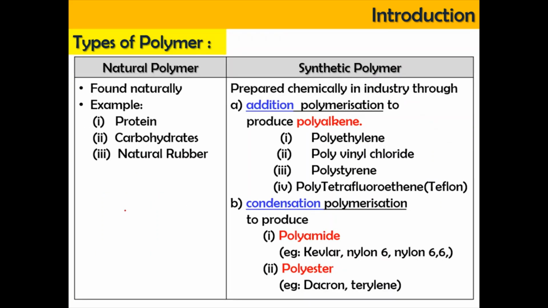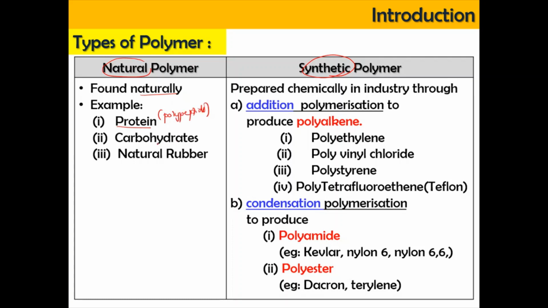Okay, now we're going to look into the different types of polymer. So first we're going to have the natural polymer, and second we're going to have the synthetic polymer. So the natural polymer can be found naturally, as it always be in our body or in our food. For example, is the protein. So the protein is an example of the polymer of amino acid, or known as the polypeptide.